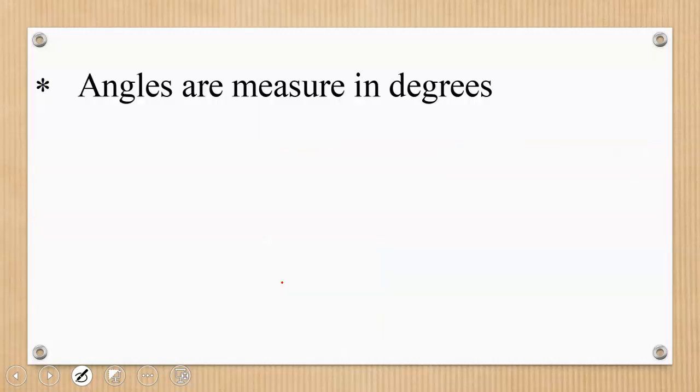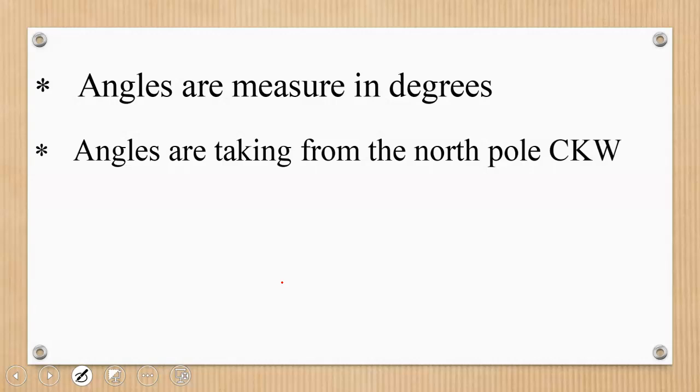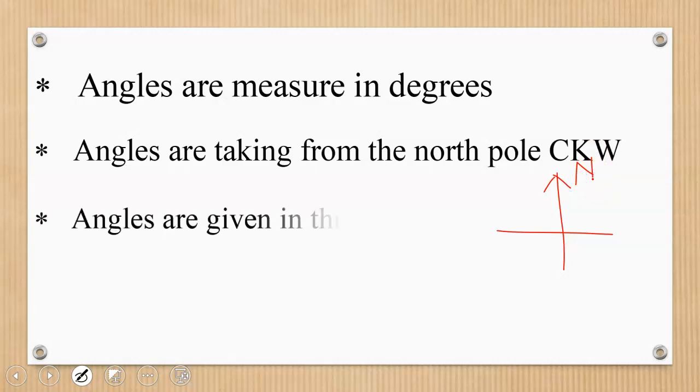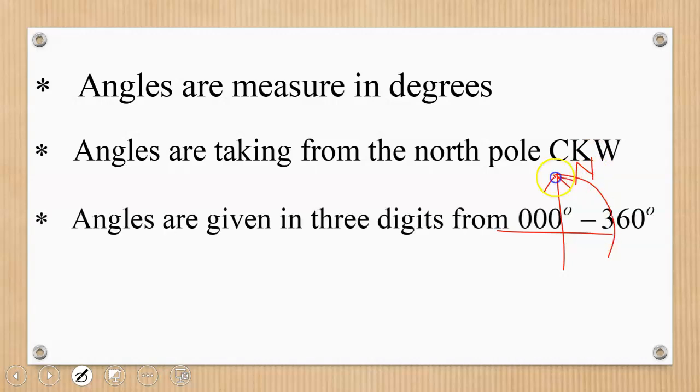Now, when you come to three-figure bearing, which we are going to work on, here the angles are measured in degrees. Then they are taken from the North Pole. So it means here your angle is taken from the North Pole alone. And you must always go clockwise. You must always go clockwise. In this bearing, you can't go anti-clockwise, and you can't start from any other point apart from the North Pole.